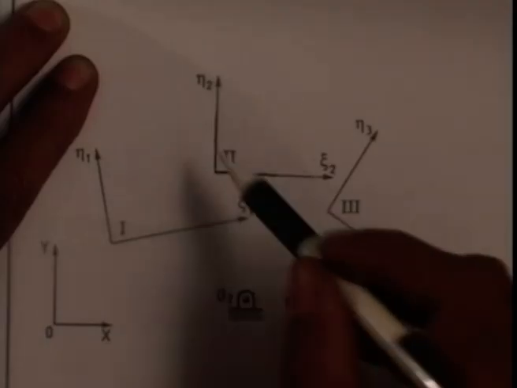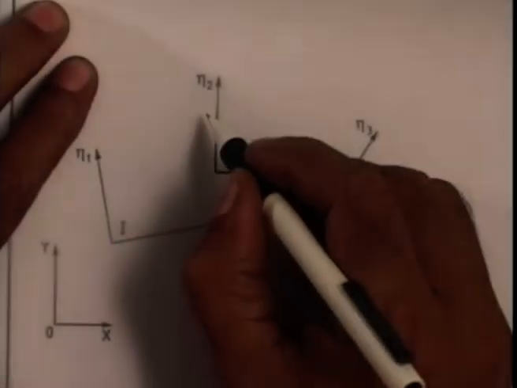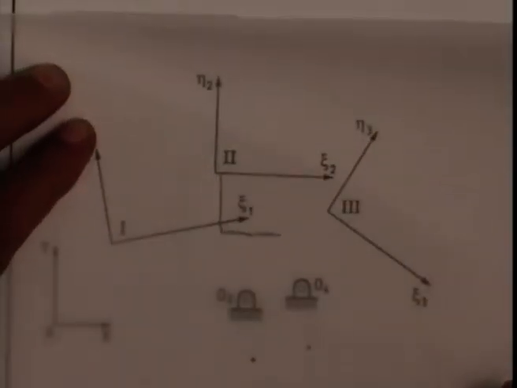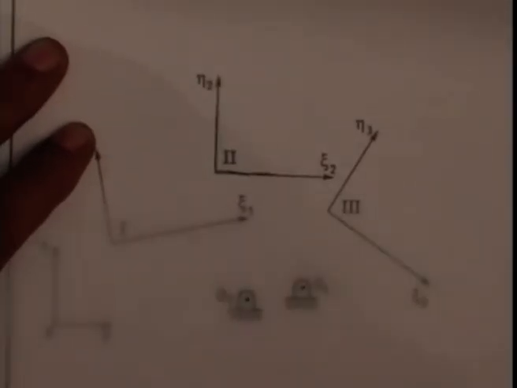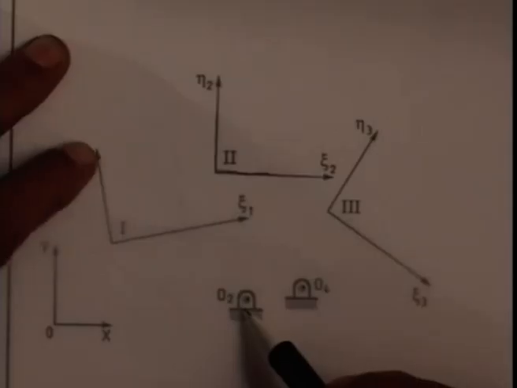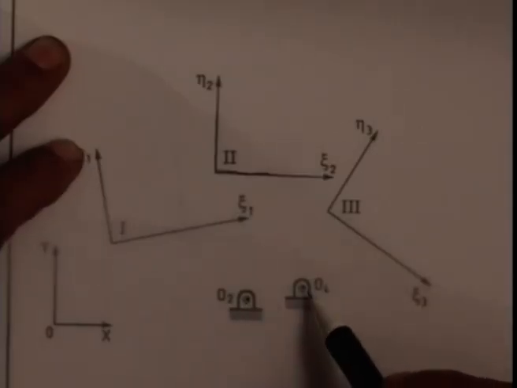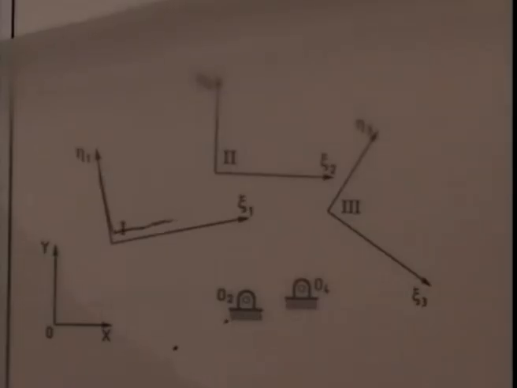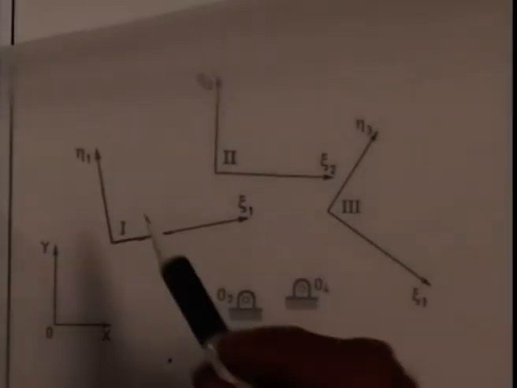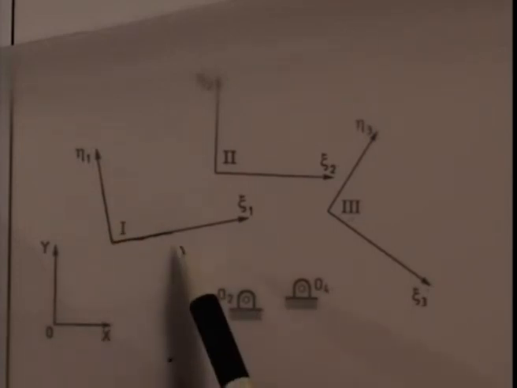So I have drawn this eta 2, zeta 2 axis on the tracing paper, as you can see here, and mark the position of the fixed pivots, given fixed pivots O2 and O4. The same relative movement I consider as if the coupler has not moved from the first position. That means I coincide eta 2 with eta 1 and zeta 2 with zeta 1.